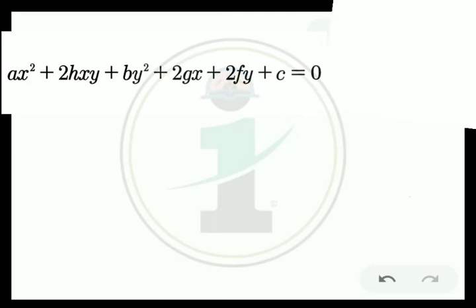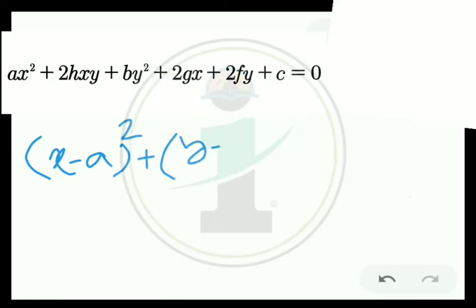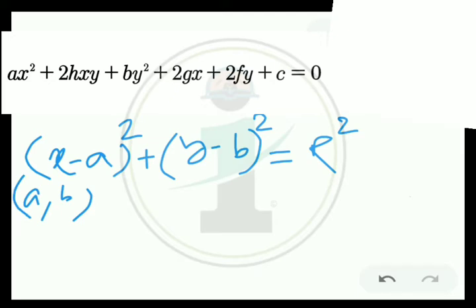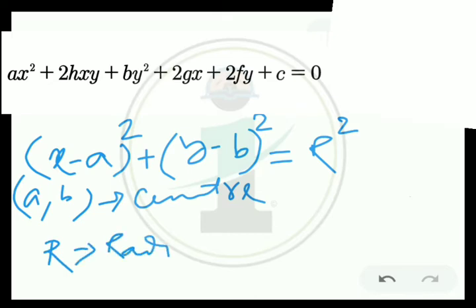The simplest form of the equation for a circle is x minus a whole square plus y minus b whole square equals r square, where a comma b is the coordinate of the center of the circle, and r is simply the radius of the circle.